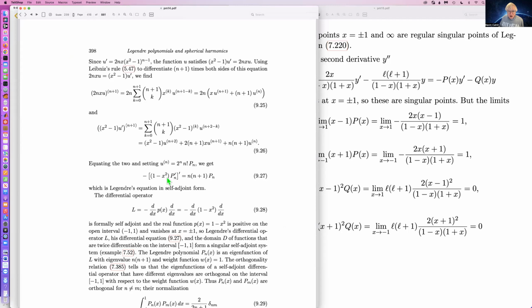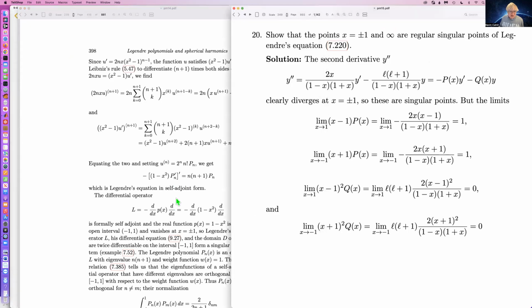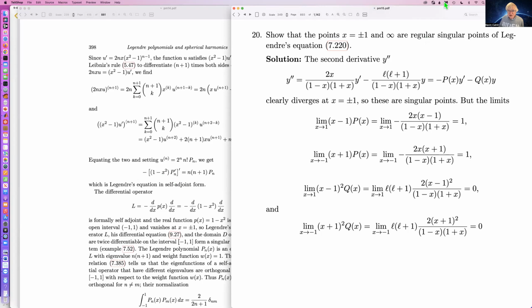And so what we see then is that if we divide through by everything so that we express y double prime, use this formula to express the second derivative.